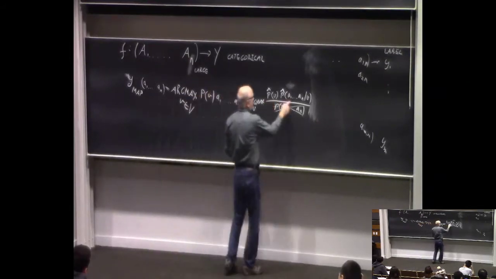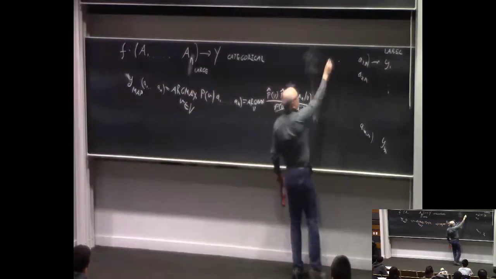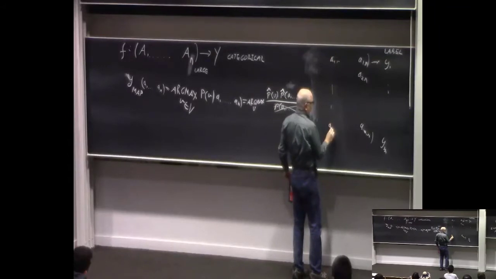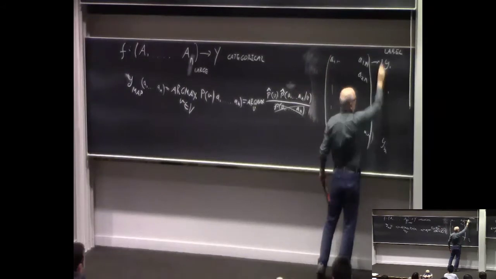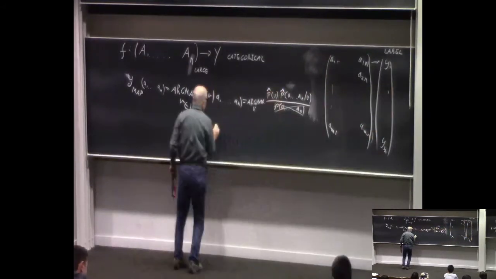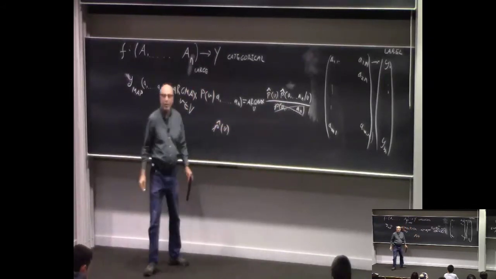How do I estimate this? Well, given that I have this data, A1 through AN, M examples, I have this matrix and this vector. How would you estimate P of V from this data?